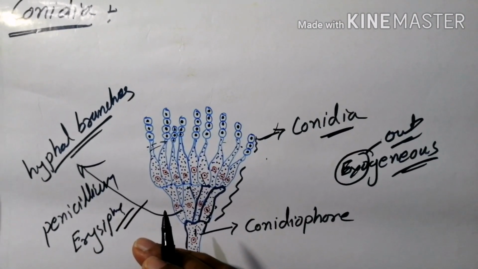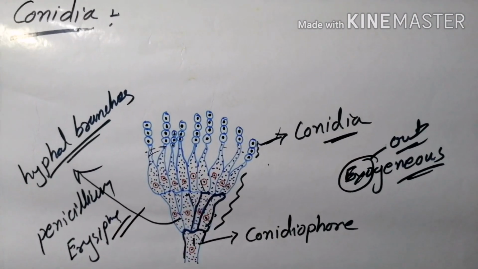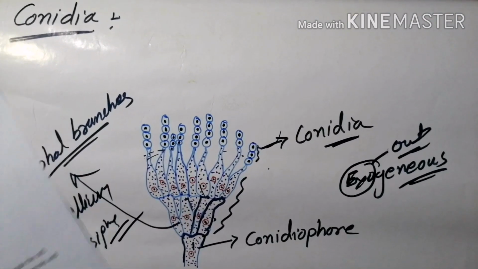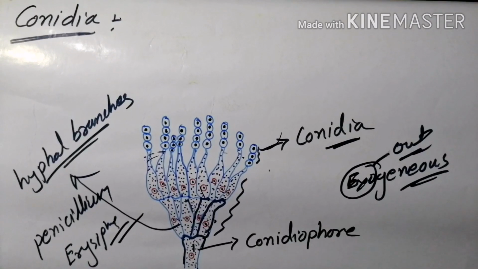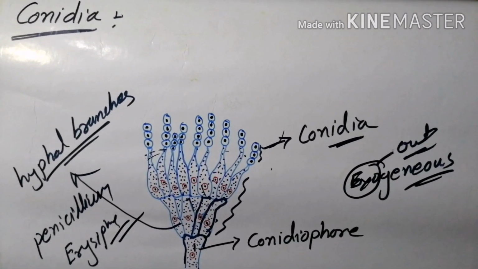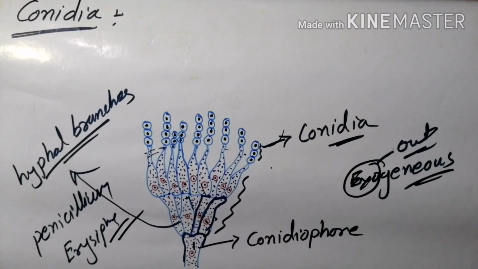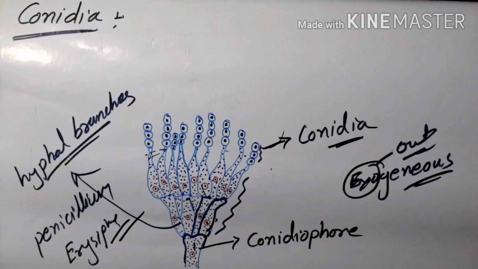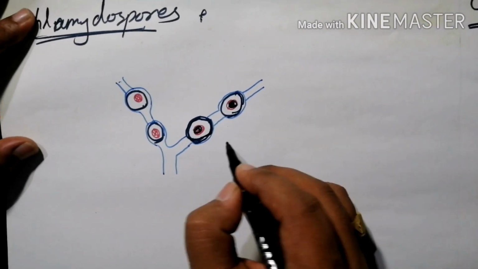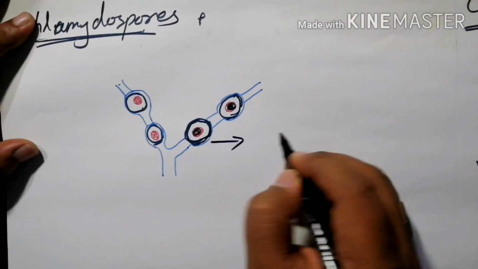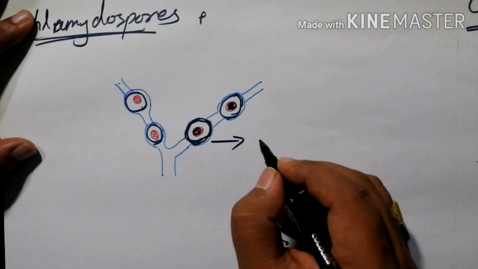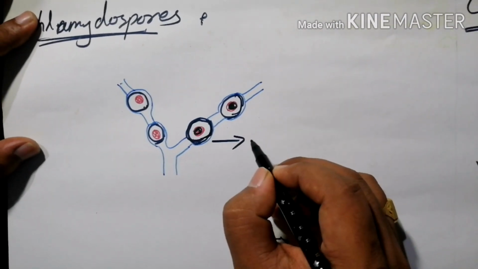Next we are going to study chlamydospores, and in the next video we will study chlamydospores. Spores mainly consist of hyphae and chlamydospores, so there are only two headings.